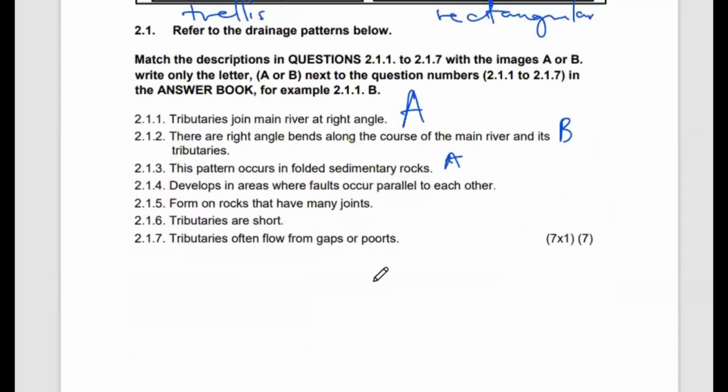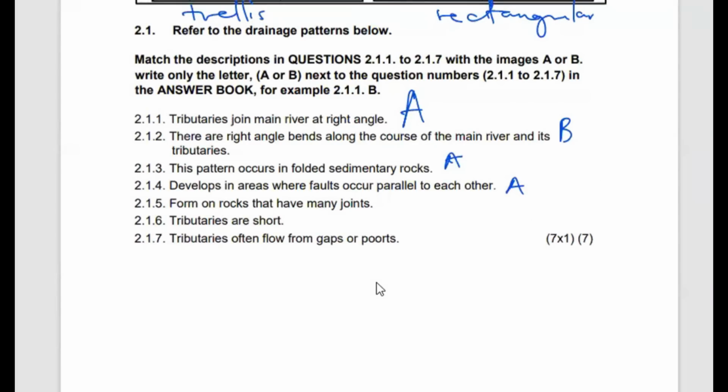Number 4, develops in areas where folds occur parallel to each other. Where folds occur parallel to each other, that is A. Form on rocks that have joints.